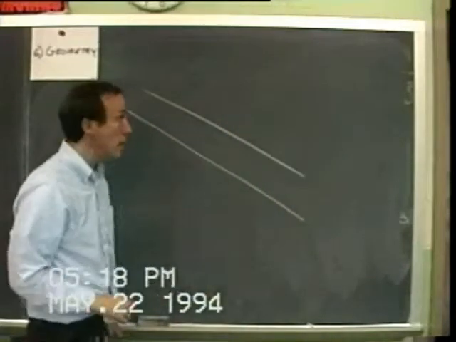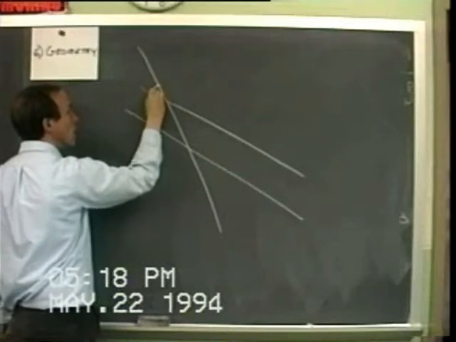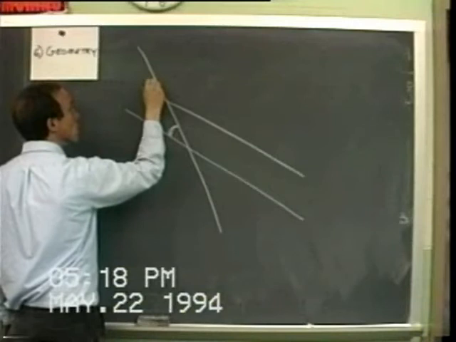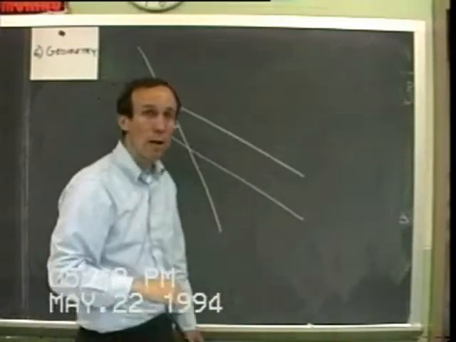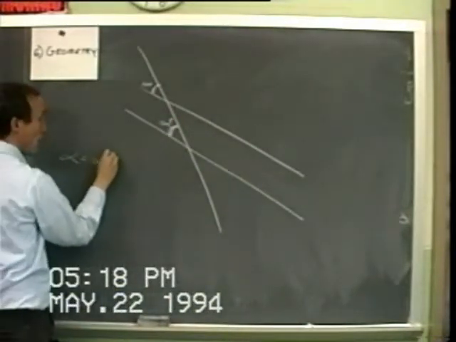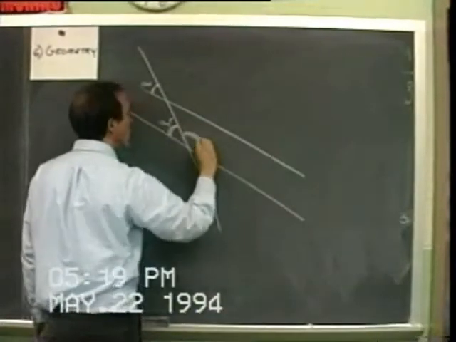The parallel lines, they never meet. Cut by some third line, you can say this angle and this angle are equal. Let's give it a different name, alpha. I'll label them both the same way, or maybe I'll call this an alpha prime. Alpha is equal to alpha prime, property of geometry. These two angles are equal to each other.